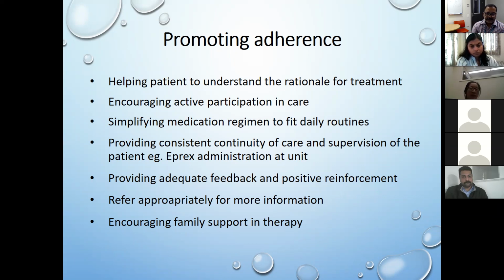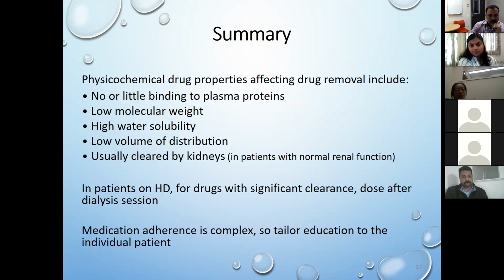Referring appropriately if they need more information or they've got tricky questions that are outside your scope. And encouraging family support as well, because you'll be able to see the family visitors that come with them to dialysis. Cool. So overall, that brings me to the end of my talk, but I'm happy to answer questions.